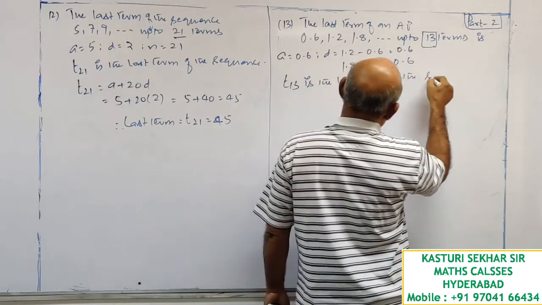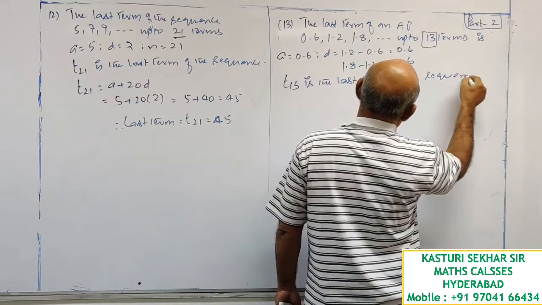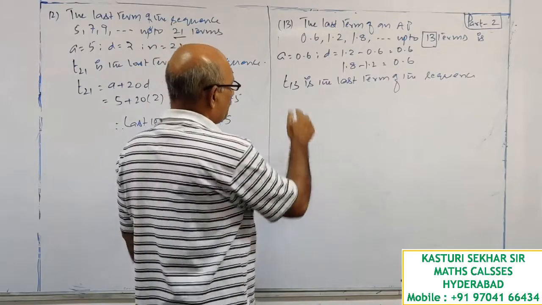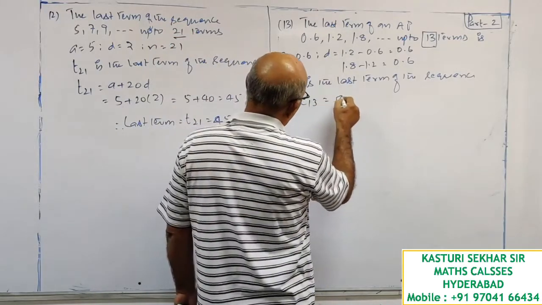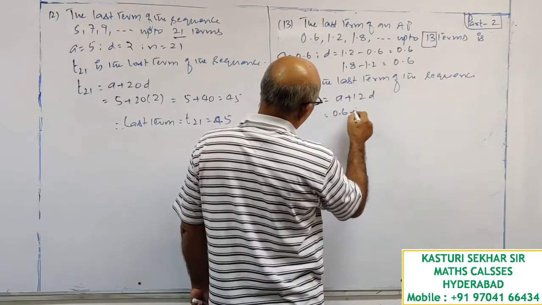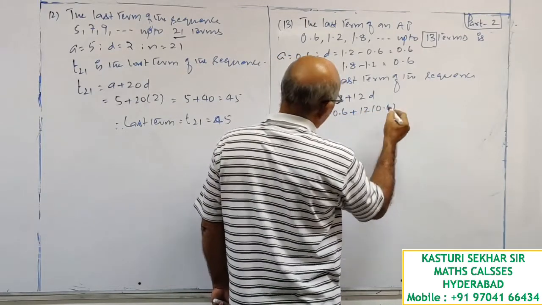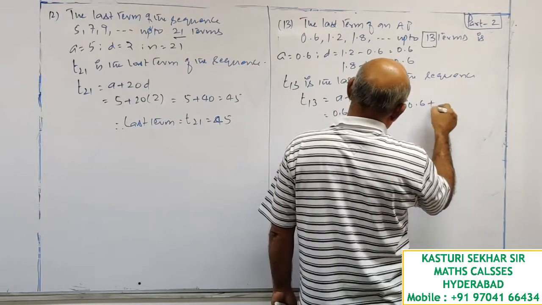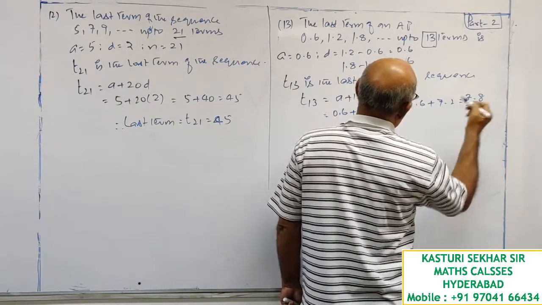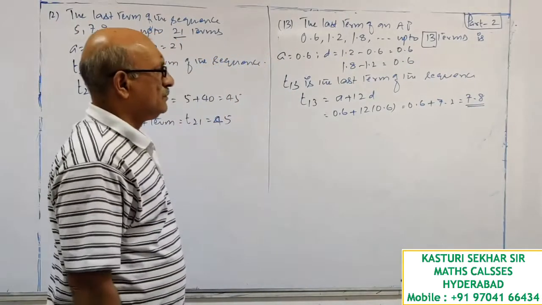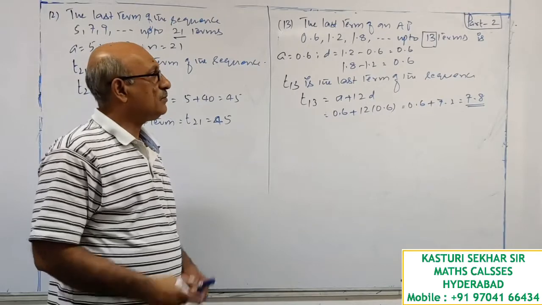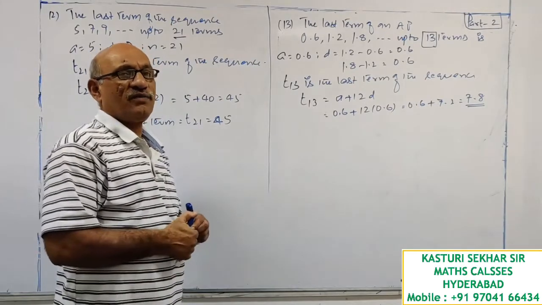So T13 is equal to A plus 12D, which is 0.6 plus 12 into 0.6, 0.6 plus 7.2, 7.8. This is the answer. The 13th place term is 7.8, which is also the last term of the sequence.